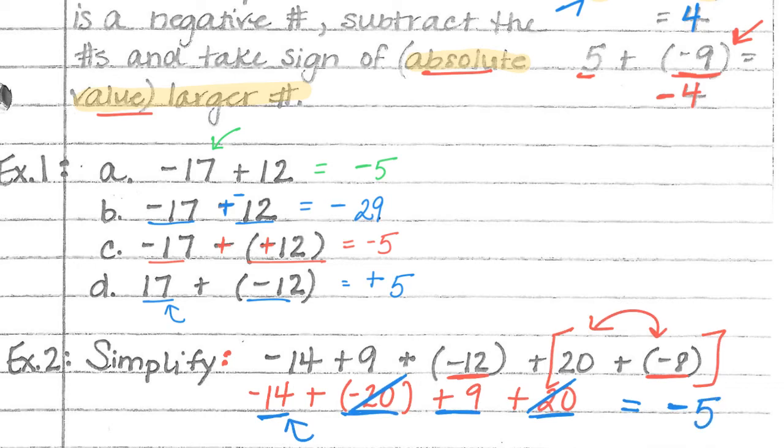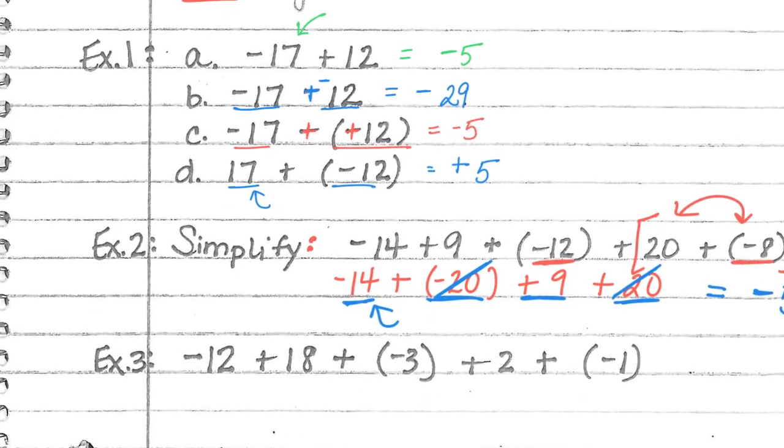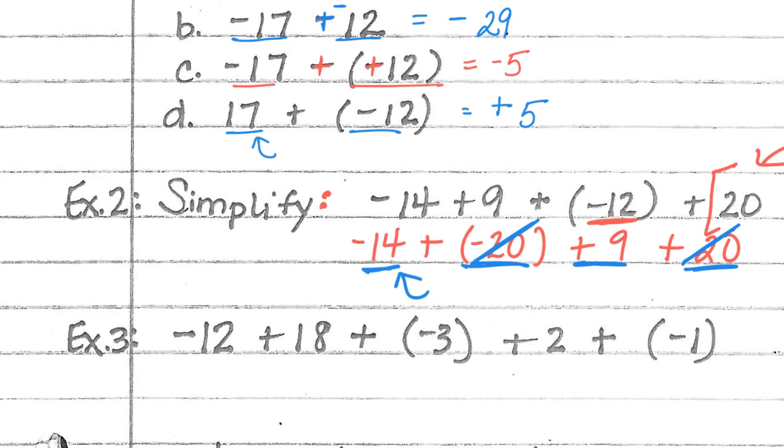So let's look at the next example and see what we can do to manipulate this to make it a little easier for us. I'm going to give you a minute to look at it. All right, so hopefully you combined all the negatives together and added them. Negative 12 and negative 3 is negative 15, and negative 1 is negative 16.